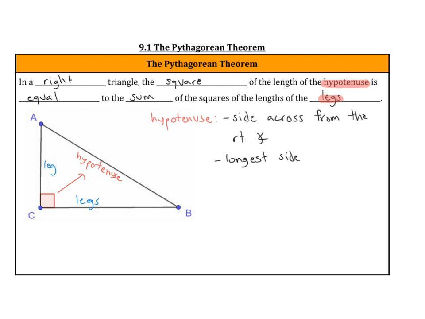So the hypotenuse, which is across from angle C, will be labeled as little c. The side that is across from angle A, down over here, will be little a. And then, of course, the side across from angle B will be labeled little b.